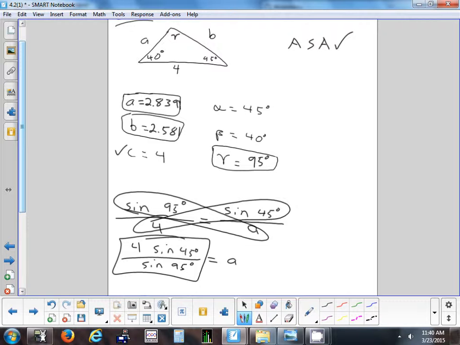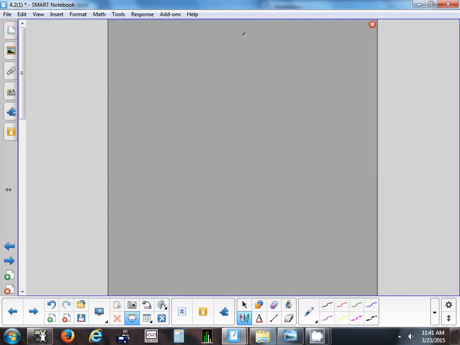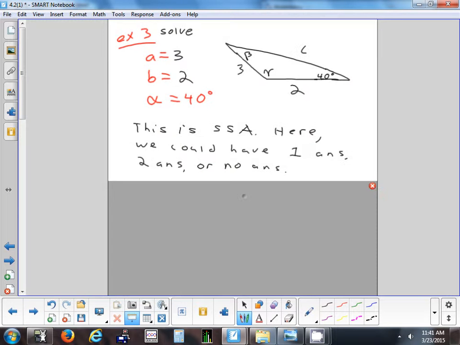Second type. All right. Third type. All right. Third type is side-side-angle. Right. You know a side, and you got an angle.